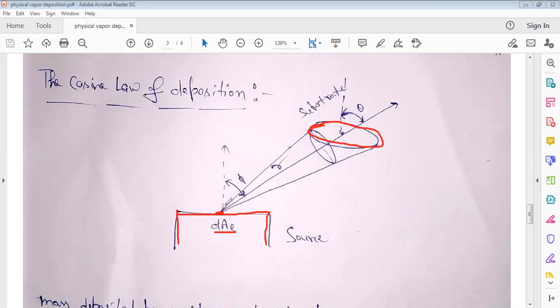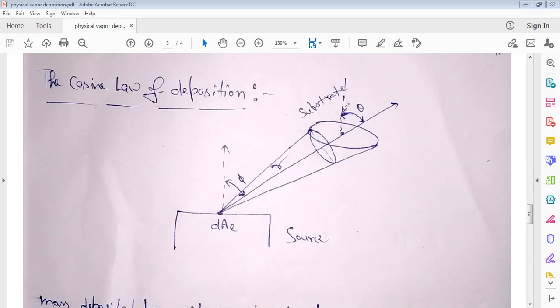If you make this geometry, the metal will deposit from the source onto the substrate. There are two angles, phi and theta. Phi is the angle between the normal and the deposition direction, the direction in which metal is depositing. The substrate is placed at a distance r from the source.